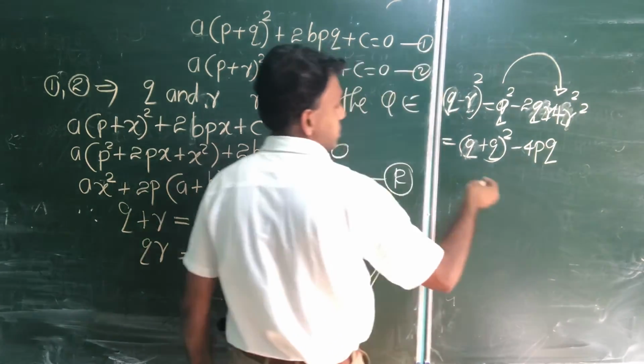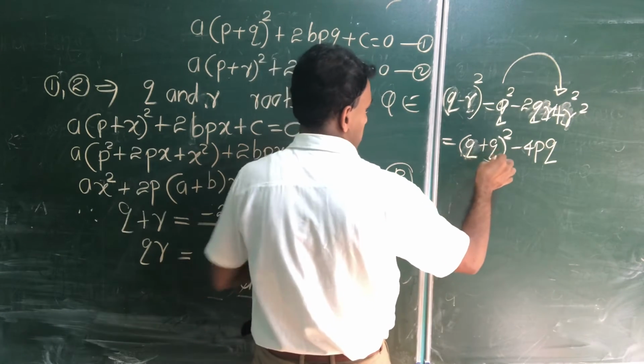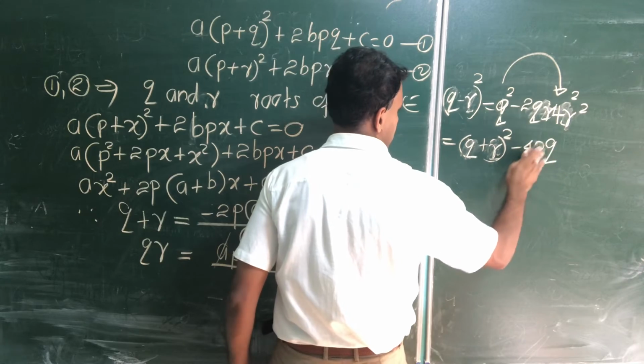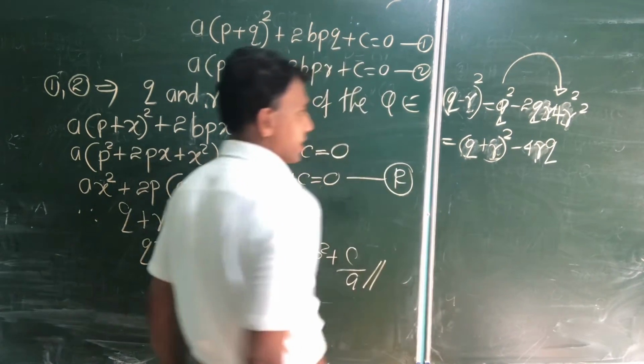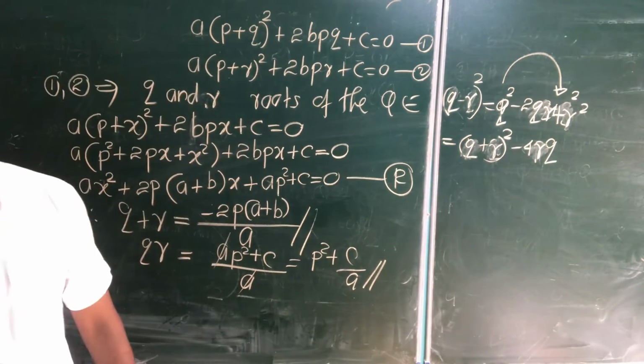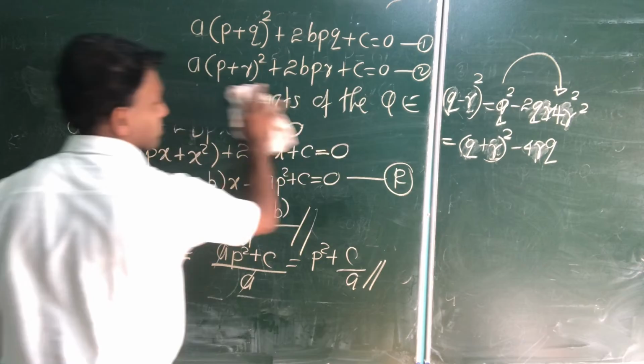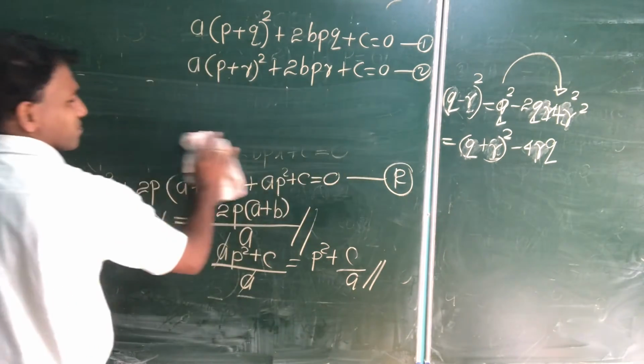Okay. So here q plus r all things square minus 4qr, and it's the term q and r, roots are q and r. So now apply the values of previous answers.